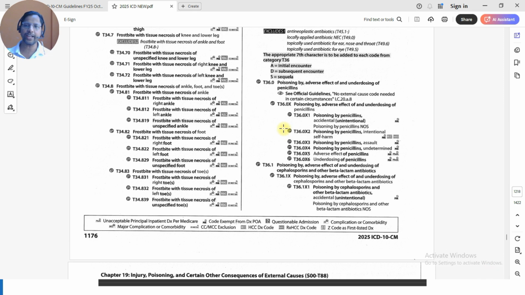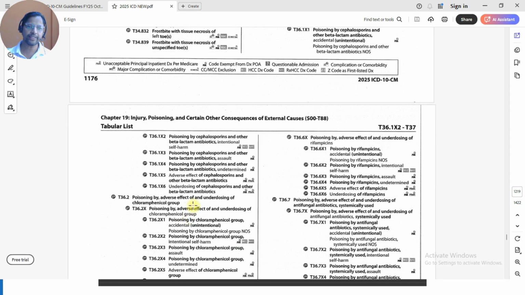First we will see a few categories here. T36.0 poisoning by, adverse effect of and underdosing of penicillins. T36.1 poisoning by, adverse effect of and underdosing of cephalosporins and other beta-lactam antibiotics. T36.2 poisoning by, adverse effect of and underdosing of chloramphenicol group.